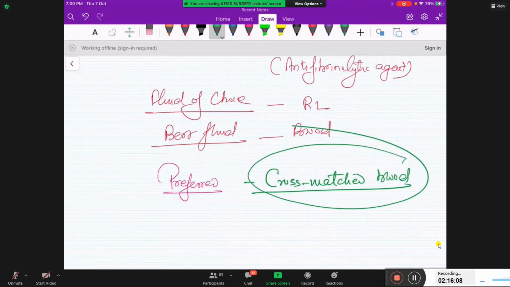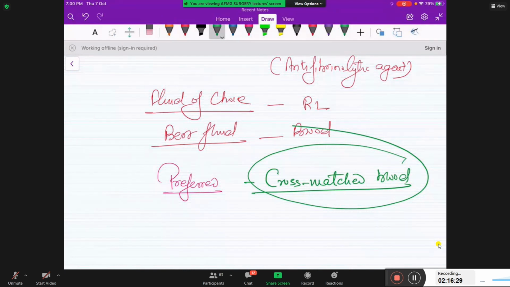So it is quite possible by the time you need blood, you don't have a cross-matched blood with you. But preferred is always a cross-matched blood, but we don't have it most of the time.